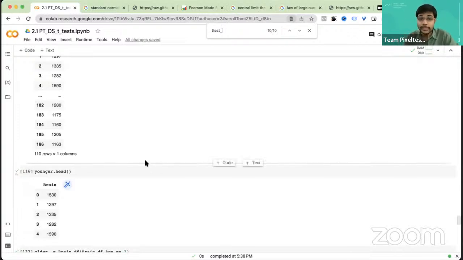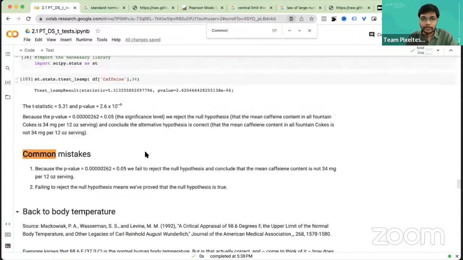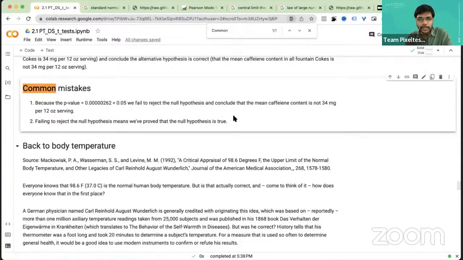Yes, so one more emphasis on common mistakes. Great. So we are here, Ravindra sir. I just have to double check and maybe come back here. So now you see common mistakes.